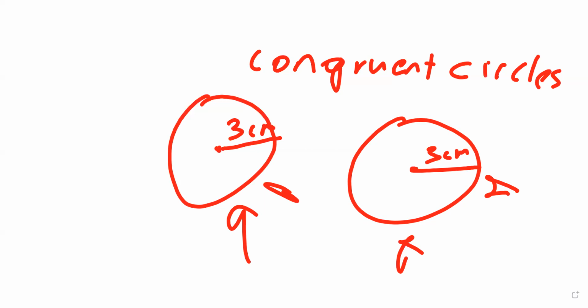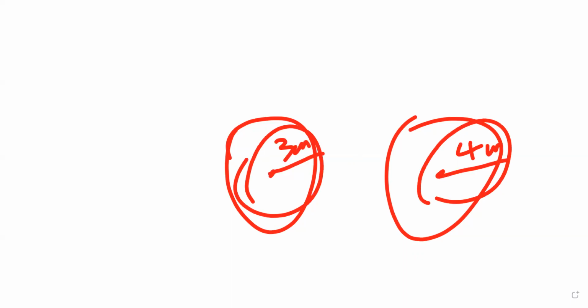They are equal. Now if I do another example like this and that, are these circles congruent? They are not congruent because their radii are not the same.